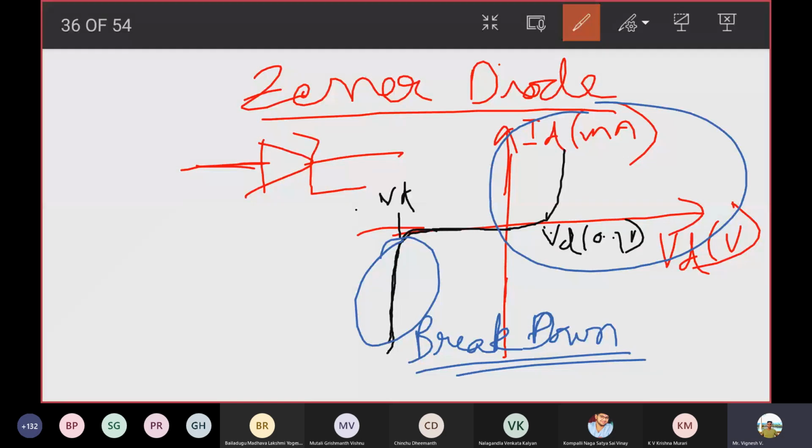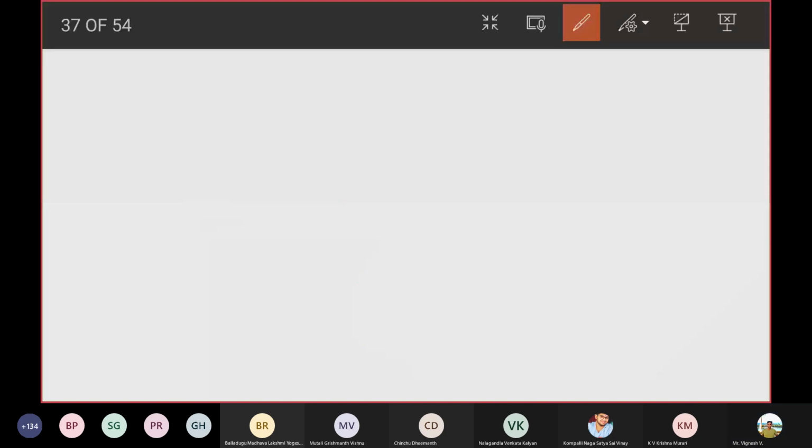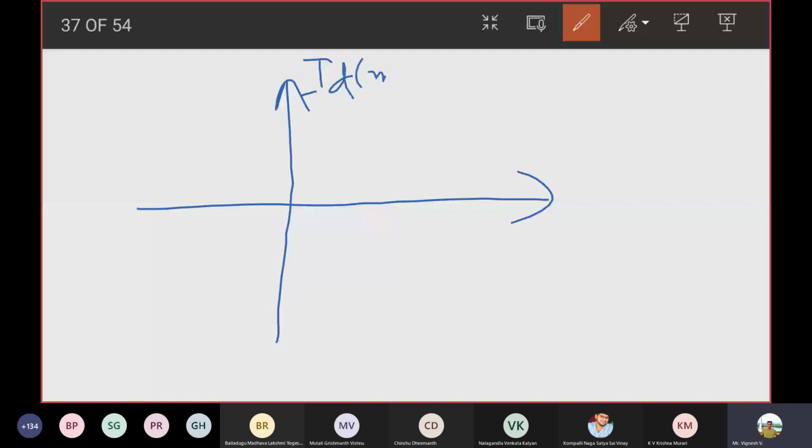Whereas for a Zener diode, you purposely want to operate the Zener diode in breakdown condition. Okay, I'll show you what is desirable. Again, the forward bias condition for a Zener diode looks exactly the same as your PN junction diode.